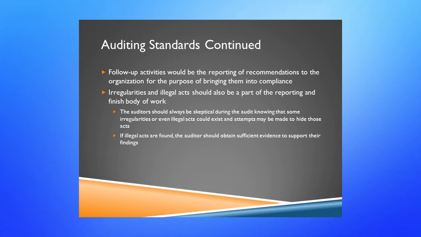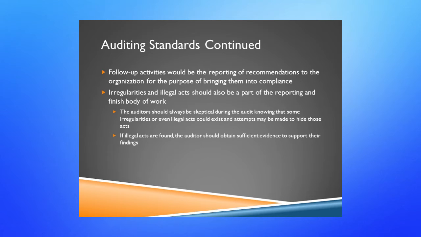Standards about the irregularities and illegal acts should be a part of the reporting and part of the finished body of work. Now, what does that mean? That means that we might have located areas of fraud through the use of our auditing, or things that people are doing illegally. And we need to report those things. Even if you might say, that's going to cause Fred over here a lot of angst.